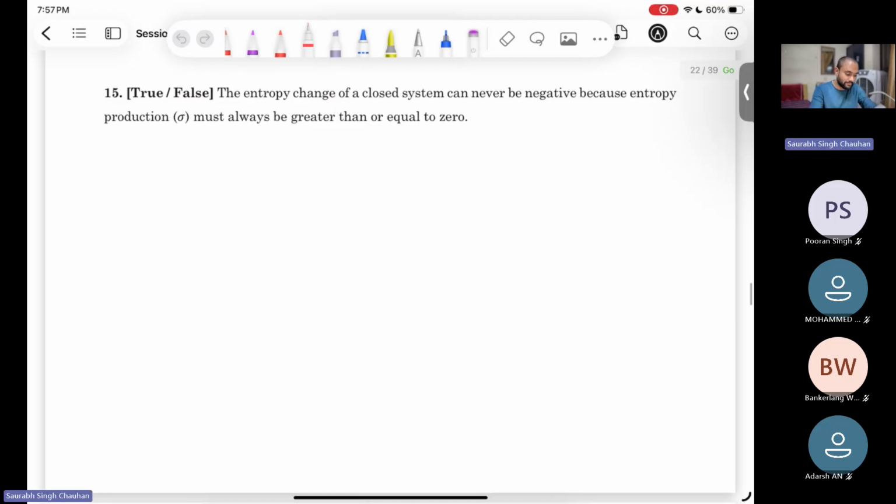Now coming to question number 15. It is saying that entropy change of a closed system can never be negative. Entropy change of a closed system can never be negative because entropy production must always be greater than or equal to 0.